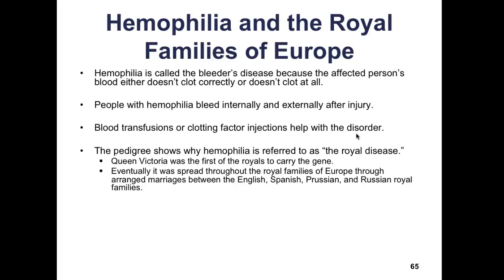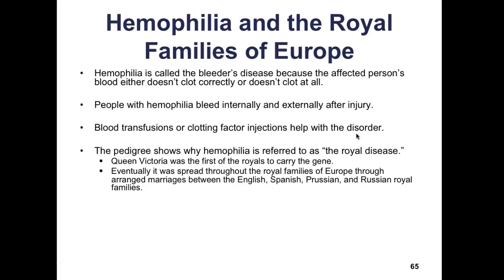It is called the bleeder's disease because the affected person's blood does not clot correctly or doesn't clot at all. People with hemophilia bleed internally and externally after injury. Blood transfusions or clotting factor injections do help with the disorder. But why do we call it the royal disease?